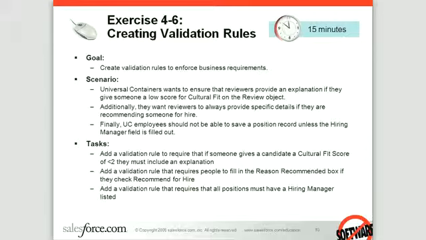Okay. All right, in the lab exercise, we're going to do something far more interesting from an example standpoint. A validation rule requires that if someone gives a candidate a cultural fit score of less than 2, they must provide an explanation. So our rule has 2 conditions.